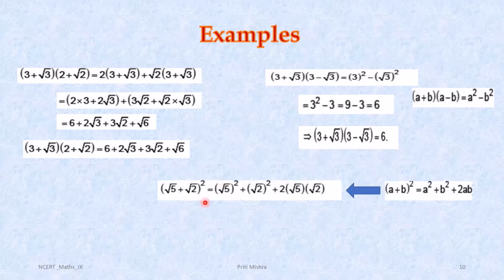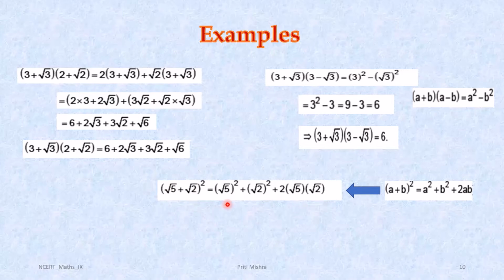Let's have another question. Here we have to find out the square of square root 5 plus square root 2. So with the help of the identity a plus b whole square, which is a square plus b square plus 2ab, we are using this identity over this term. So it will be root 5 whole square plus root 2 whole square plus 2 into root 5 into root 2.